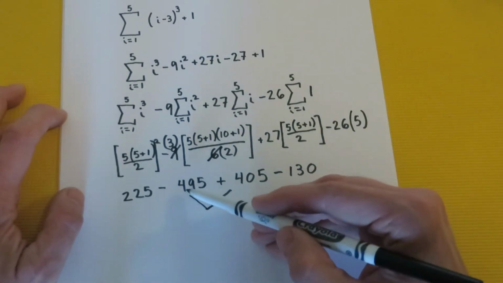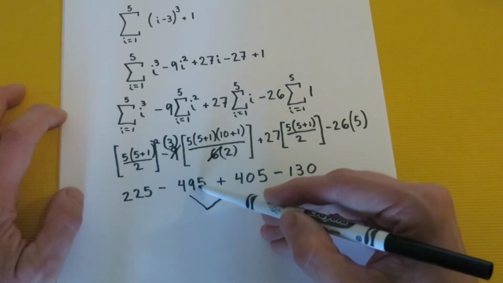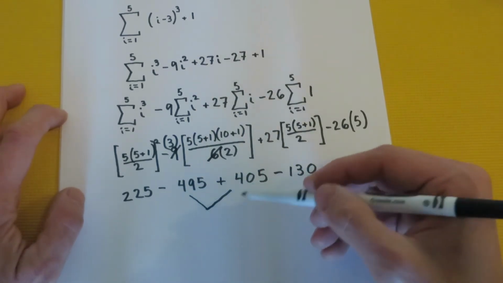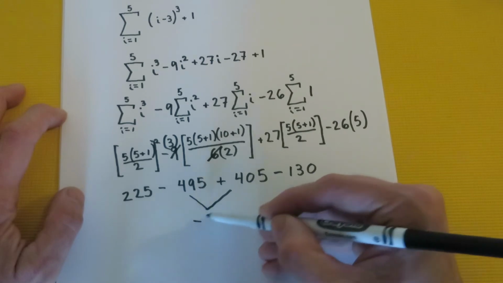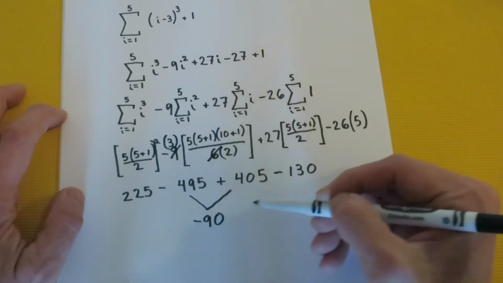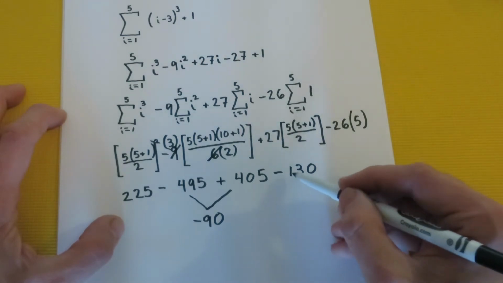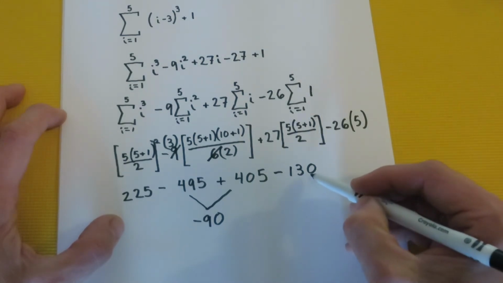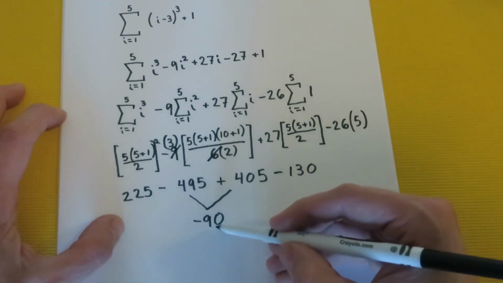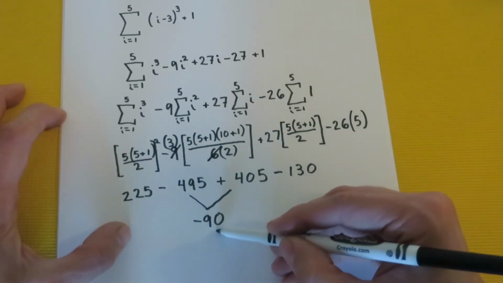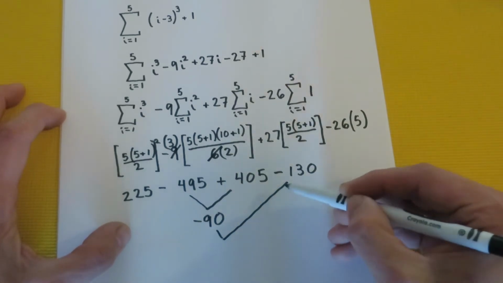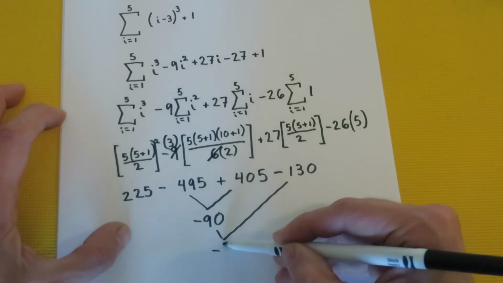So if I just cancel out the 4 here, cancel out the 4, cancel out the 5 here, I'm just left with negative 90. And here I have a negative term, here I have a negative term. Minus 130 minus 90, that takes us to minus 220.